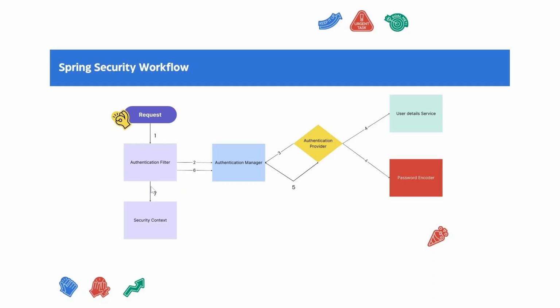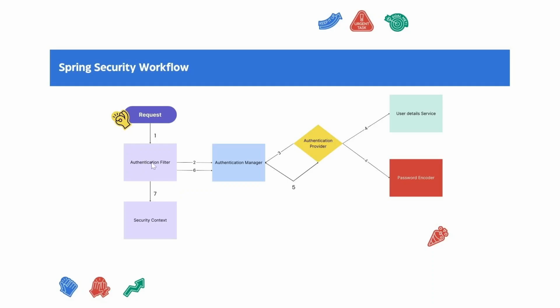And if the user is already inside of the security context and the session is still valid, it pretty much skips this whole authentication logic. However, if no user is present inside of our security context, this is the flow that it follows.